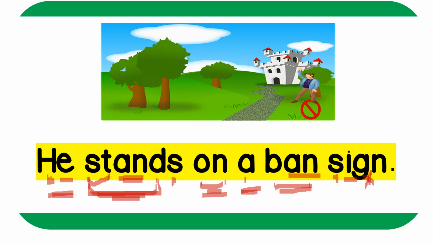Let's say the word now. S, I, sigh, sign. So remember, I, sigh, sign. We don't hear the sound for the G. Let's read it now together. He stands on a ban sign.